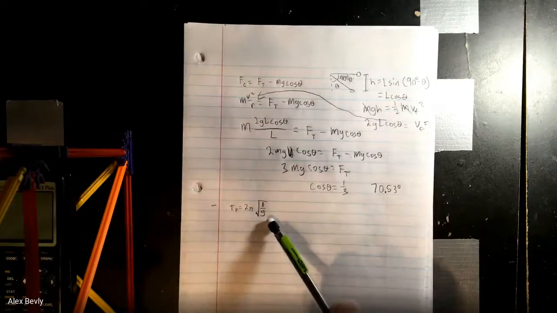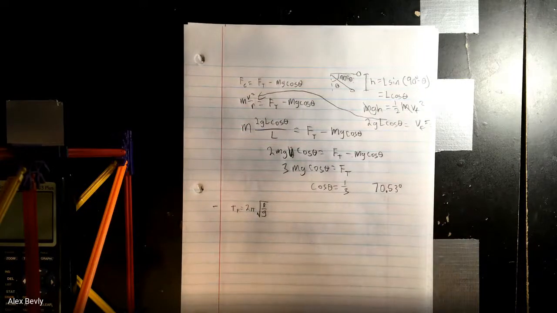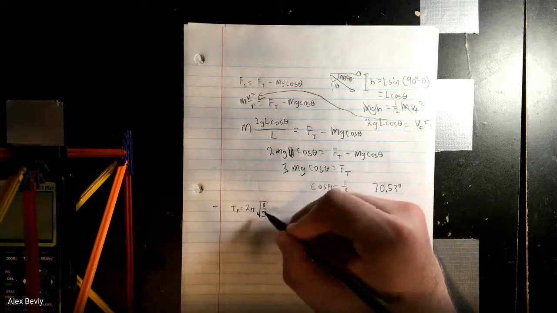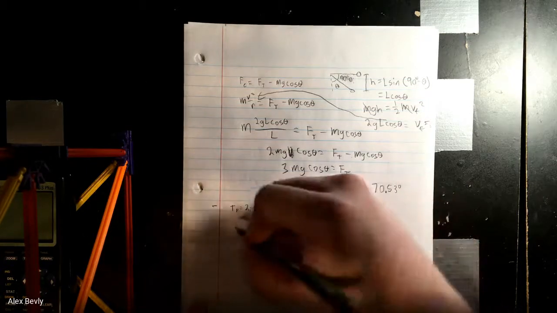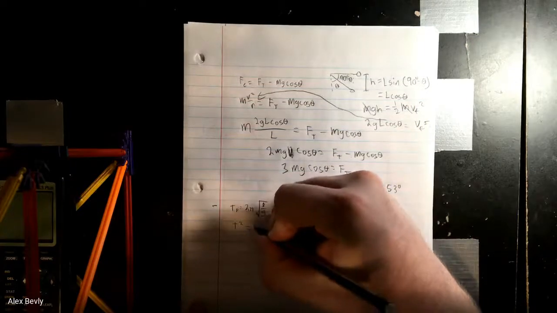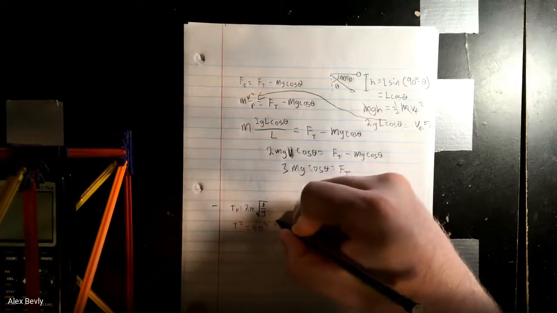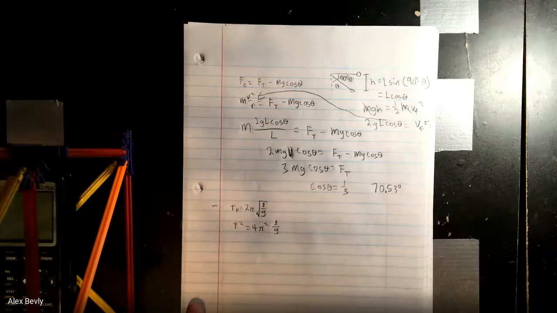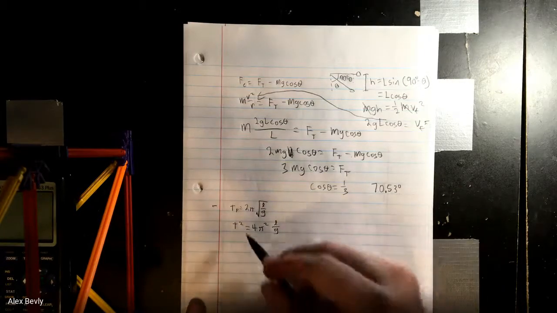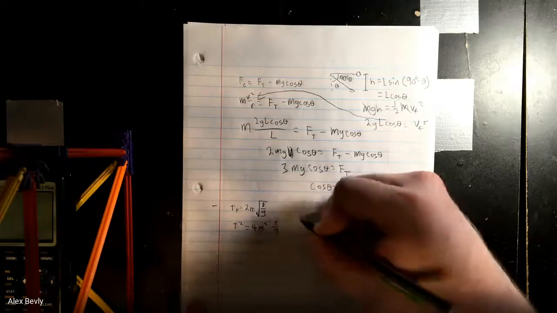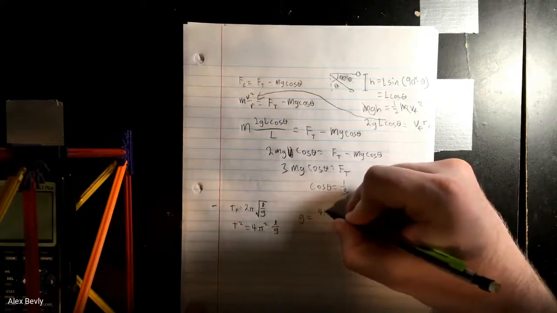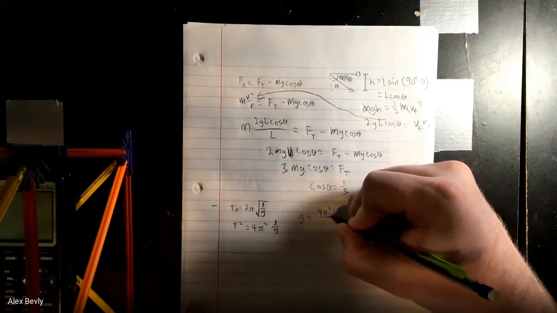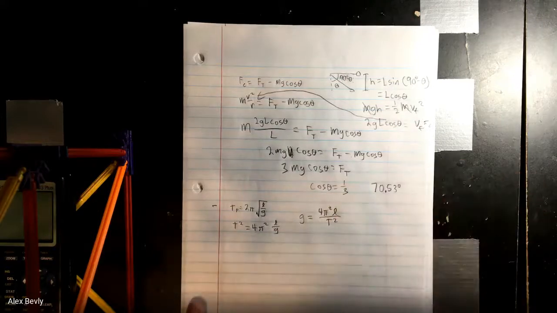We're trying to find acceleration due to gravity, so they're probably talking about using our pendulum equation. I need to get rid of the square root to get acceleration due to gravity, so I should probably square everything else. So I get period squared is equal to 4 pi squared, length divided by acceleration due to gravity. I could multiply acceleration due to gravity over and divide period squared over. So acceleration due to gravity would be 4 pi squared times the length of the string divided by the period squared.